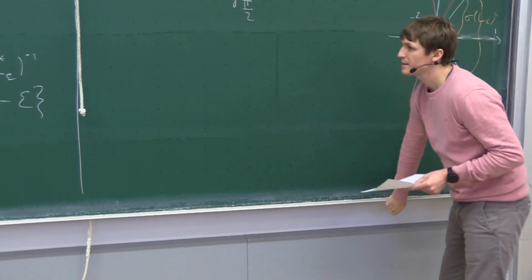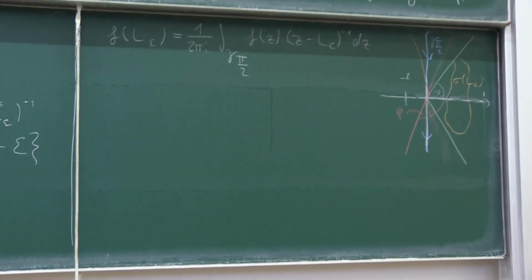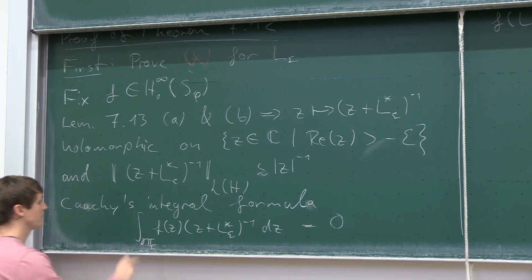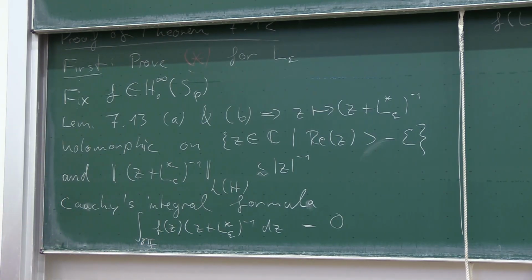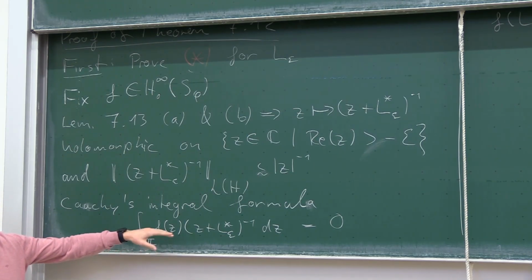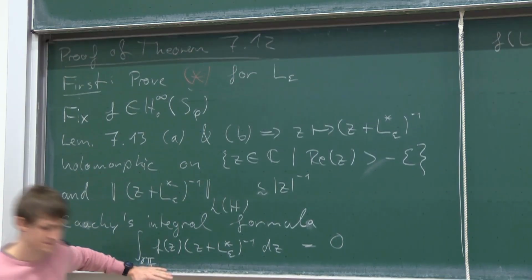Now we use this property here. Sorry, I forgot to write the path of integration. So we integrate here also over the path γ_{π/2}. And we use this fact that this vanishes, so we can subtract this term in the definition of f of L_ε just for free.